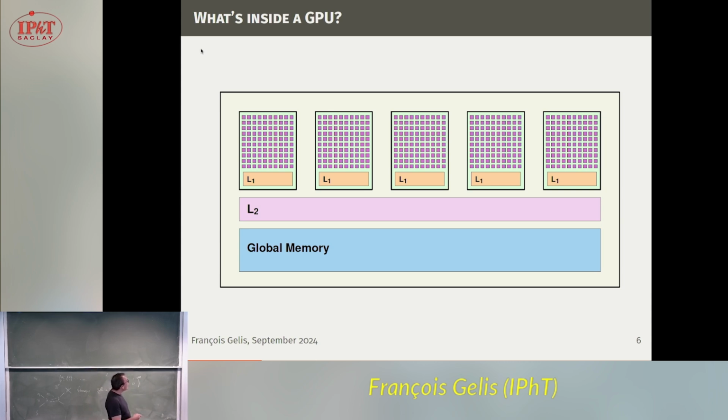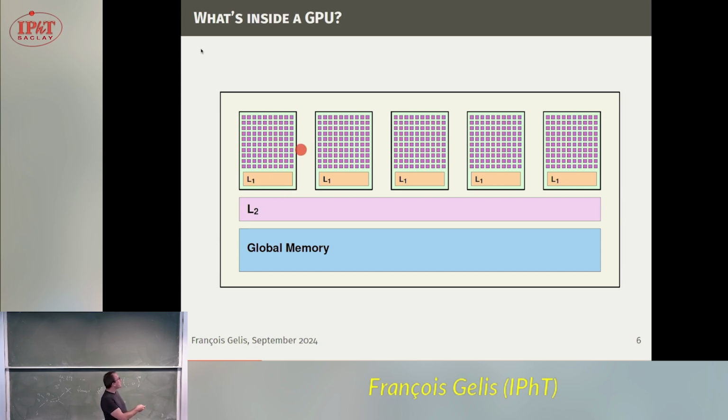And when you launch a calculation that will use many threads, these threads are grouped in what they call blocks. You can choose the size of a block, but what is guaranteed is that all the threads in a block are running on one of these subunits.